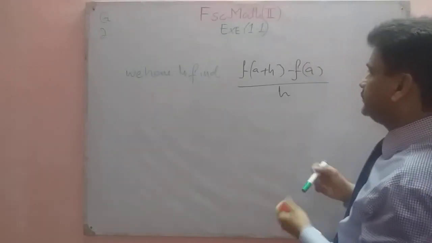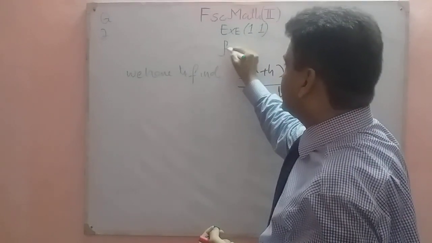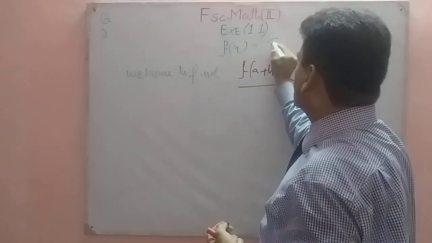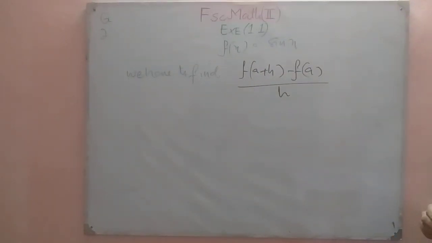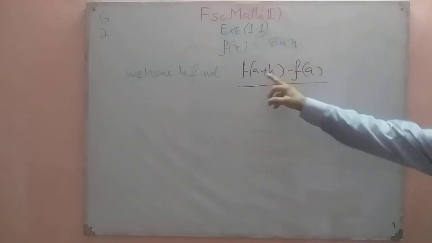Now the function f(x) is equal to sin x, and we have to find the value of this whole expression (f(a+h) - f(a))/h. When the function is f(x) = sin x, first we find the value of f(a+h).